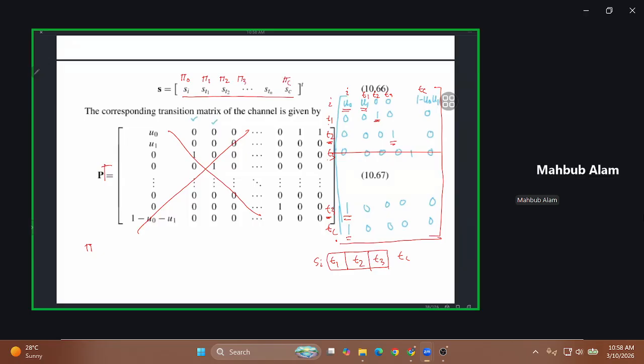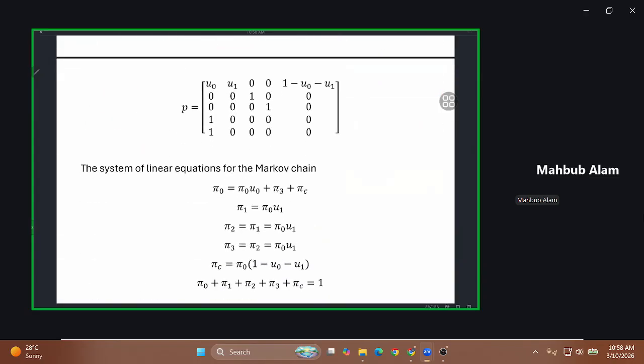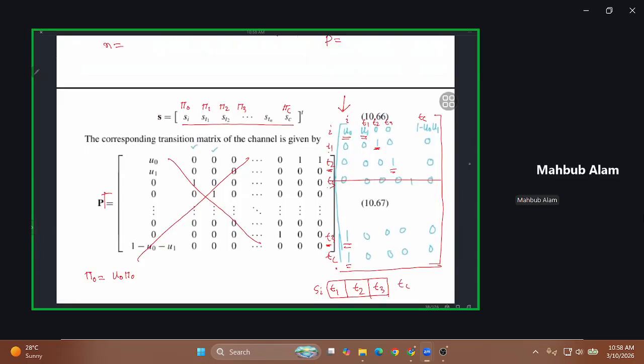Then, as you already know, the steady state solution of the Markov chain can be found by solving a system of linear equations. Since there are 5 states, we'll have 6 equations. The first equation will be for pi naught, and it will be found from the first column. How? Pi naught equal to u naught times pi naught.